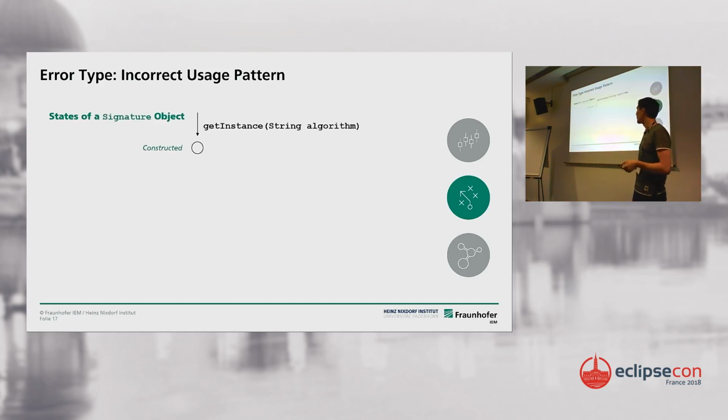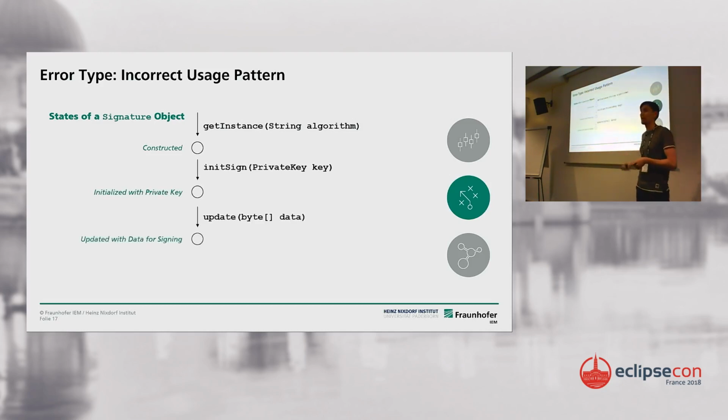To explain that in more detail, I want to show you what the analysis actually assumes. It assumes that this signature object has certain states. You construct it with this getInstance call, then you supply it with some private key via the call to initSign. And the next thing is you should call update. And with this update call, you plug in the data, or you supply the data to the signature object.